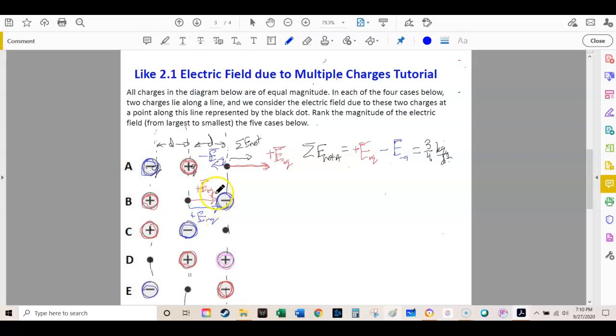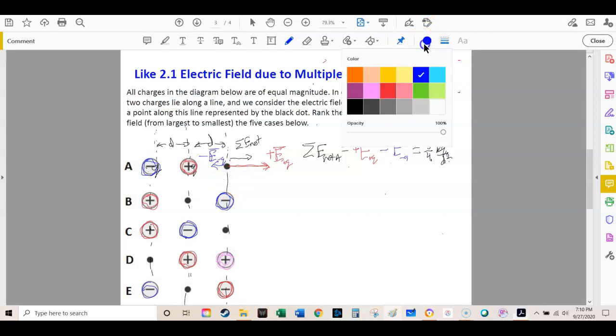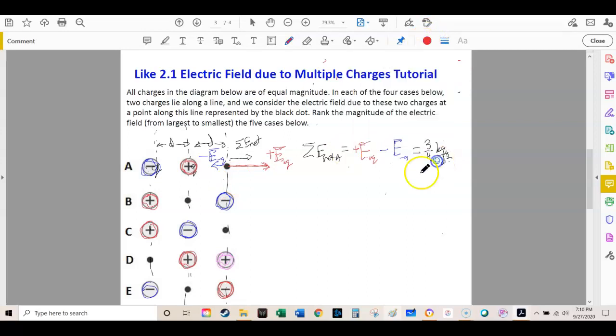Okay. Actually, let me see if I could move these vectors around. So let me draw this positive up here.